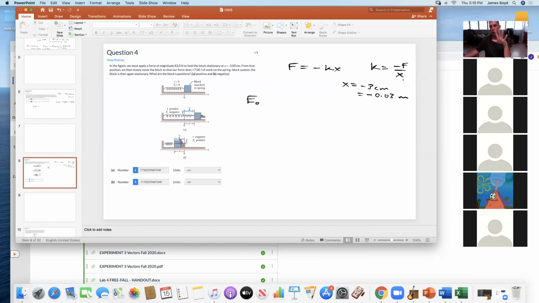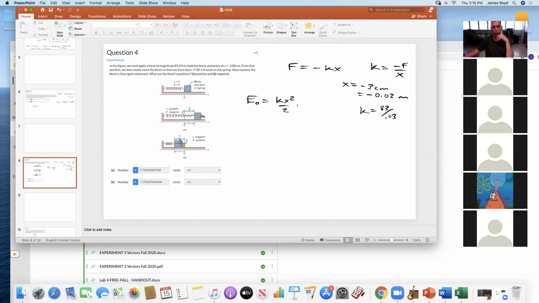So we get a positive K, and F is 83. So K is 83 divided by 0.03. Once we have K, though, the energy initially will be Kx squared over 2.